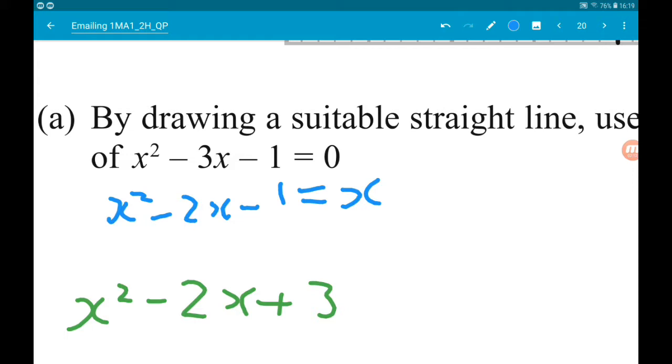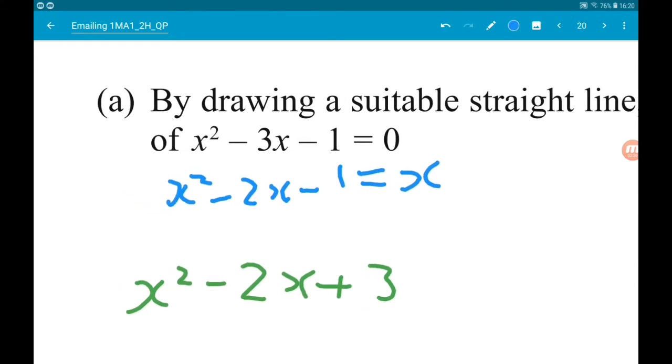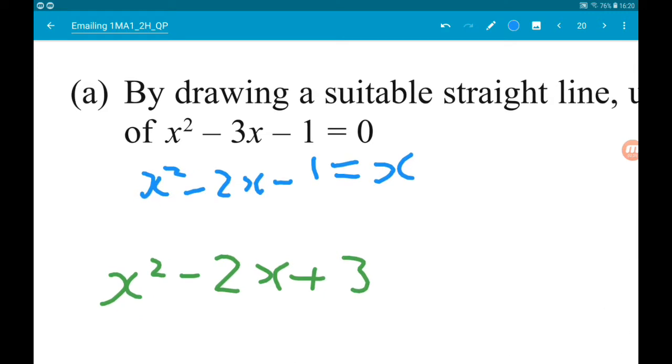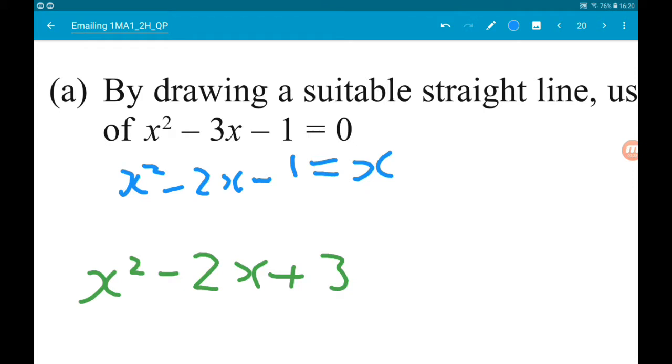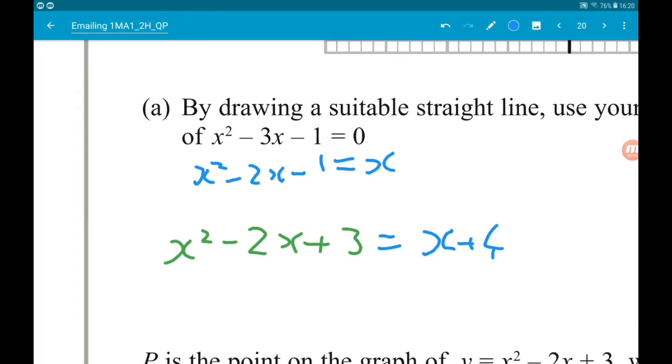And we then need to turn the minus 1 into positive 3. So we're now going to add 4 to both sides, and that's going to give us x squared minus 2x add 3 is equal to x add 4. So the straight line that we want to plot is y is equal to x add 4.